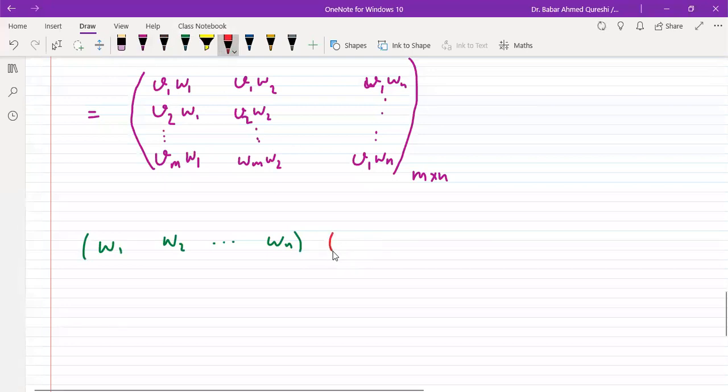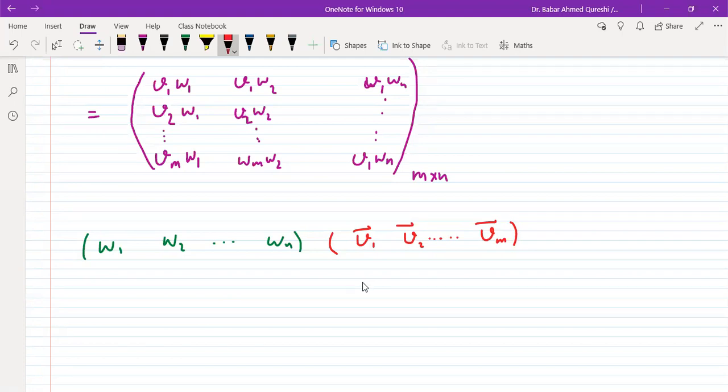Since it's a matrix, I can write it as a bunch of column vectors. As long as the dimension of these columns is n, I can multiply this row.